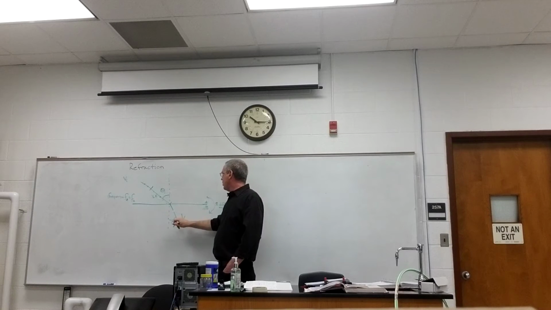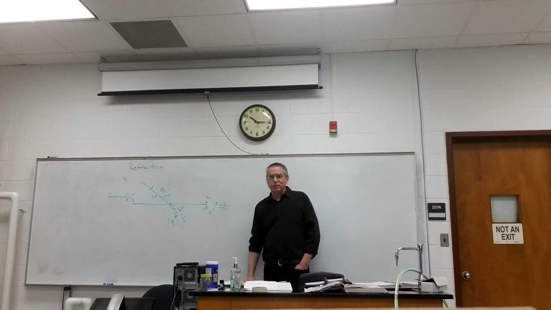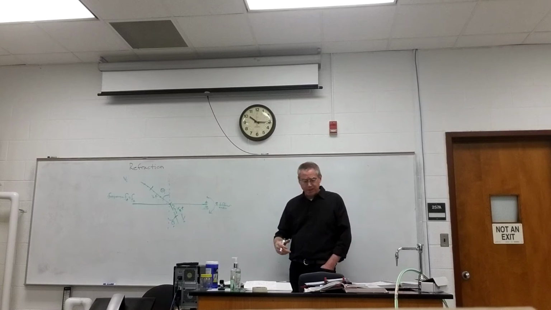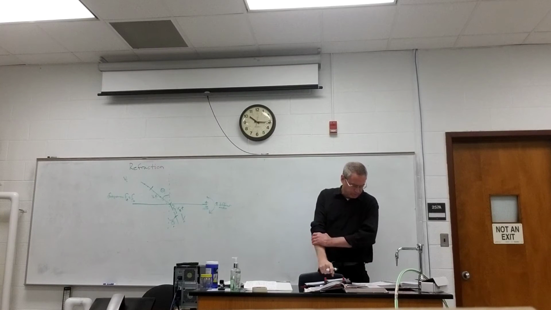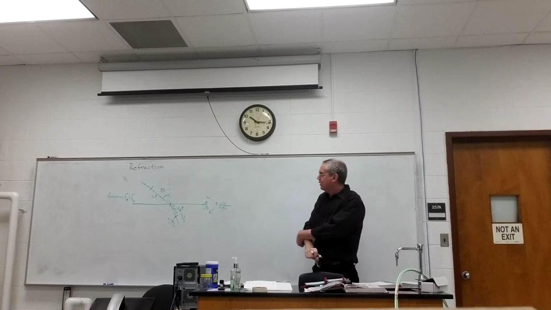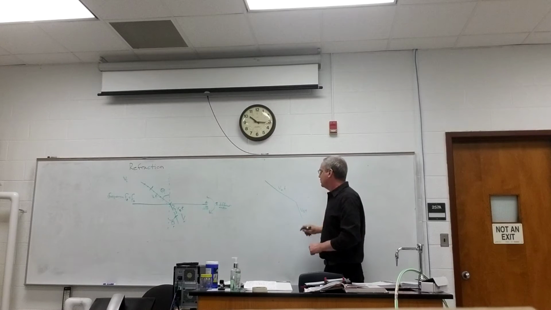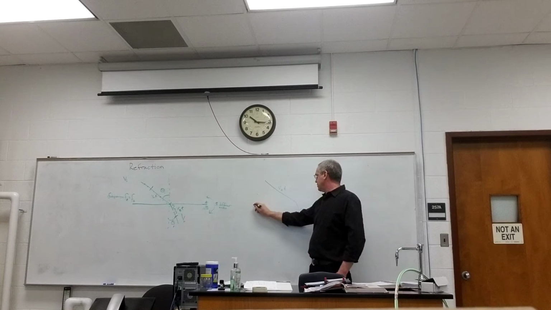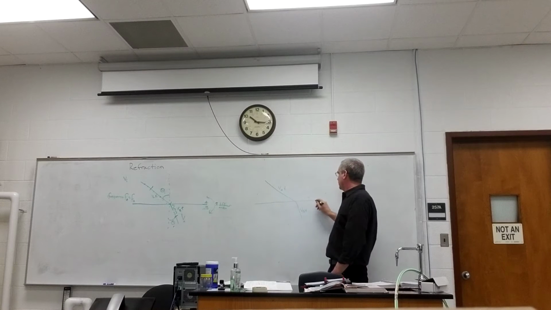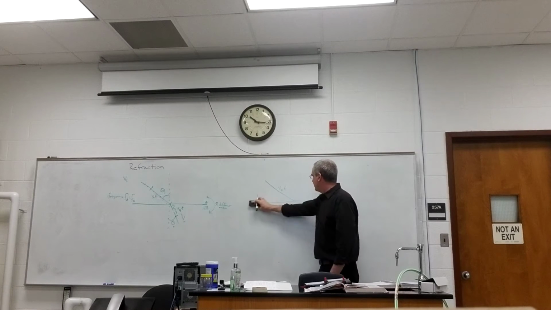In the same amount of time over here, it's going to travel V_B t, whatever the speed is in medium B times time. If I set up some triangles here, this length is V_A t and this is V_B t. So just redrawing, to make it a little less cluttered.